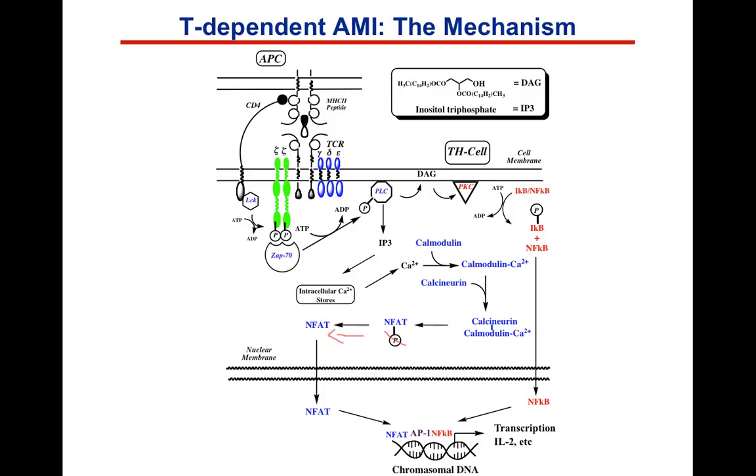So what you see here is that there's basically an activation through the T cell receptor. So there's activation up here. You could see step 1. Step 2 is the events leading to phosphorylation of the zeta chain.